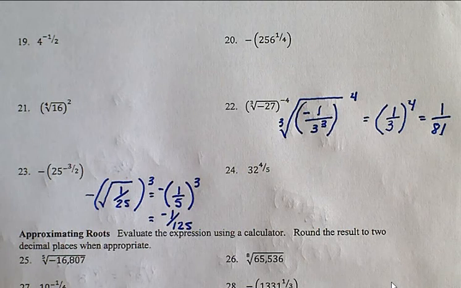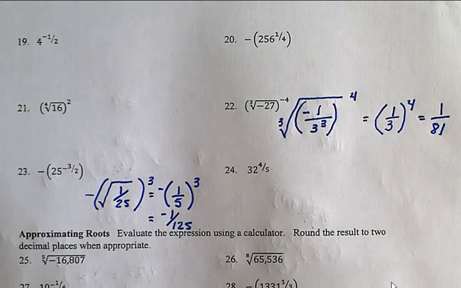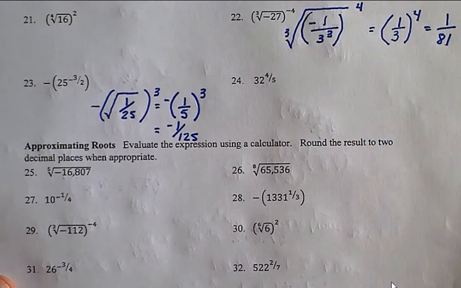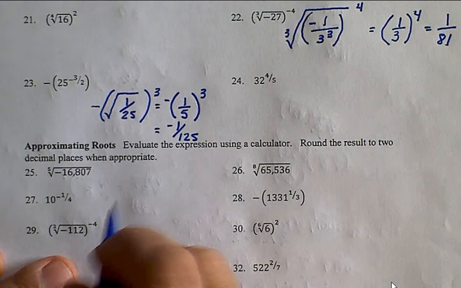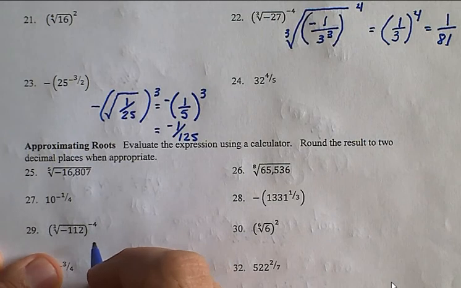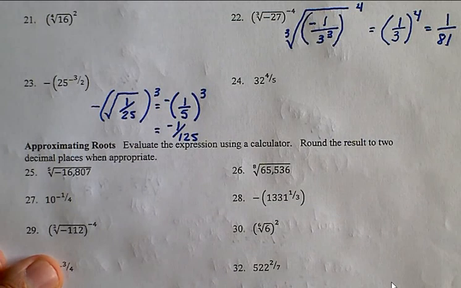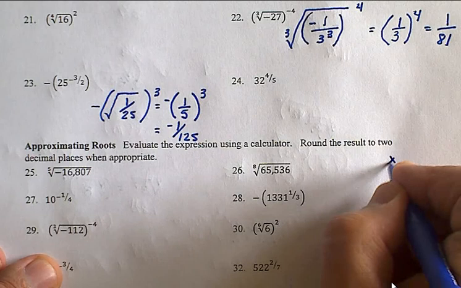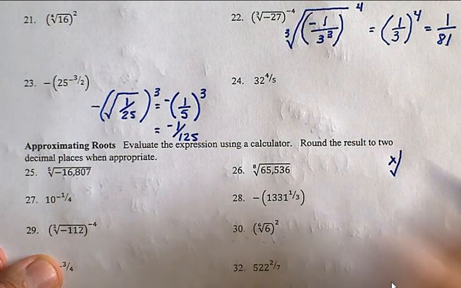On 25 through 32, those are simply calculator problems. One of the things that helps a lot, for example on number 29, to use your calculator, under the math button, you will find a cube root, but you'll also find, for these other problems, an x root, an x radical.